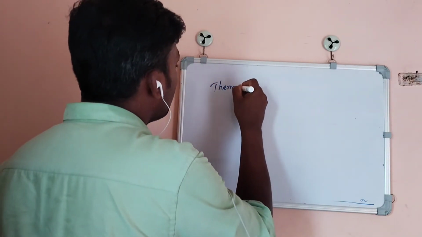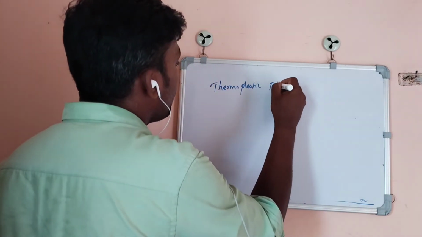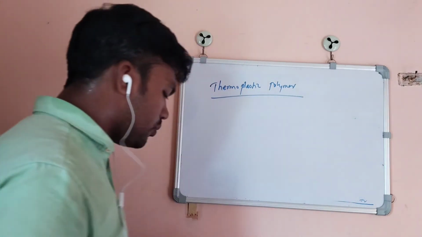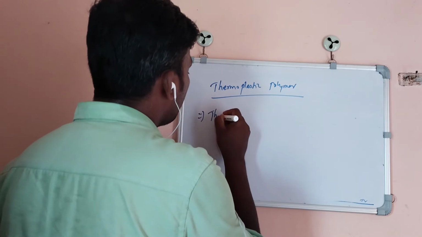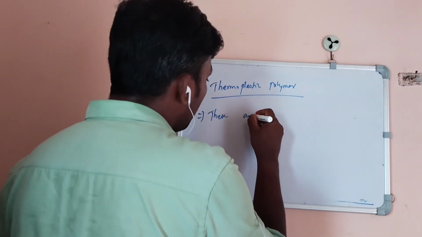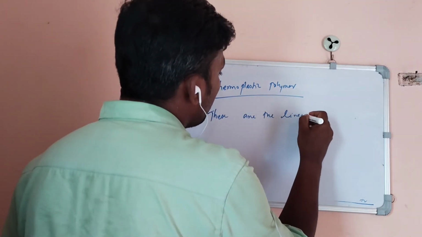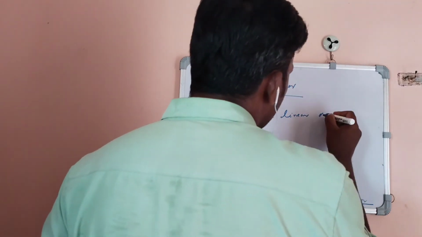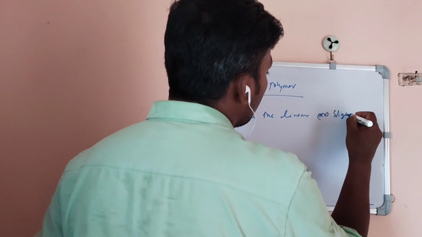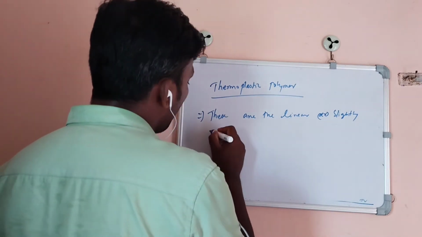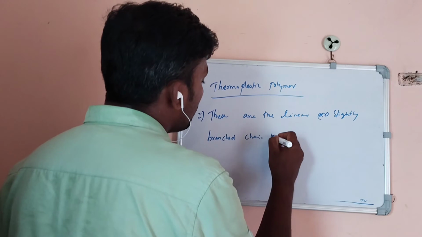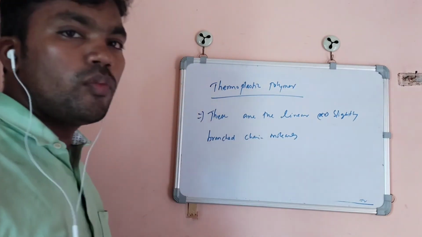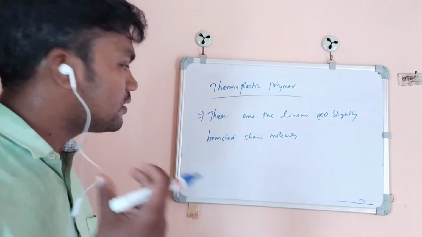Thermoplastic polymers are linear or slightly branched long chain molecules.